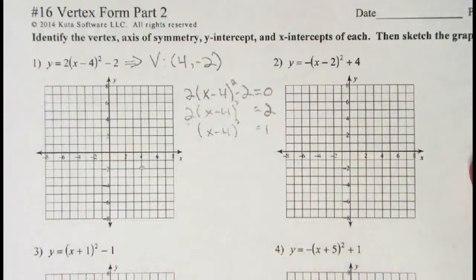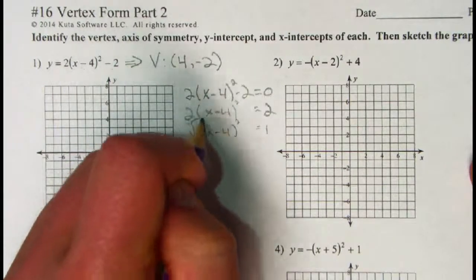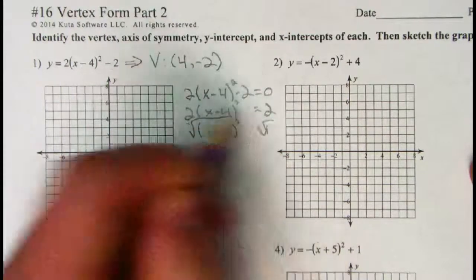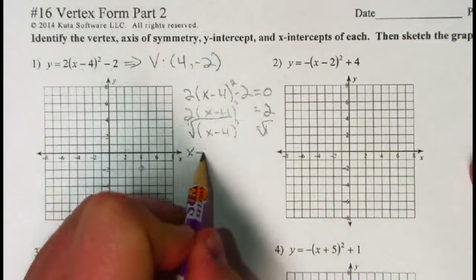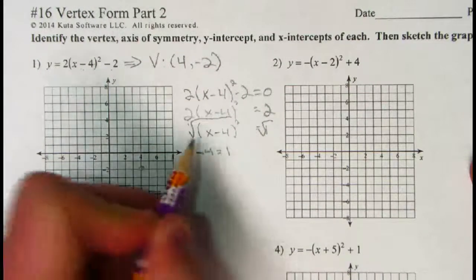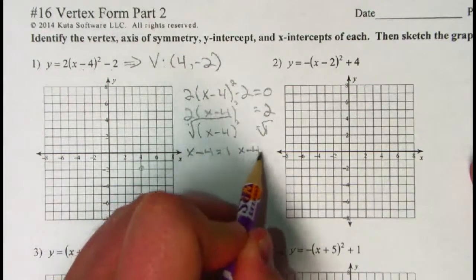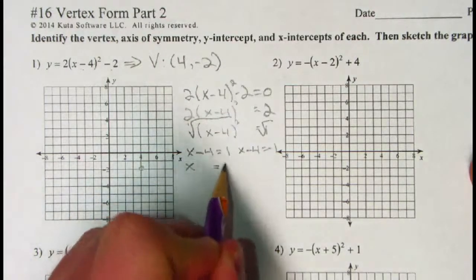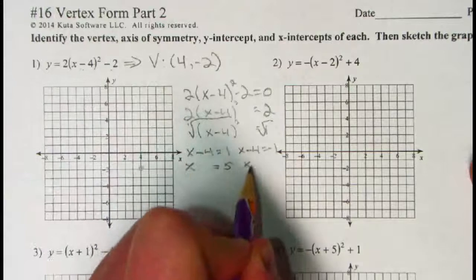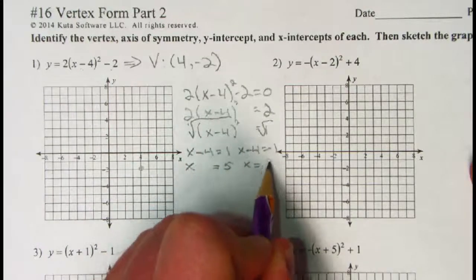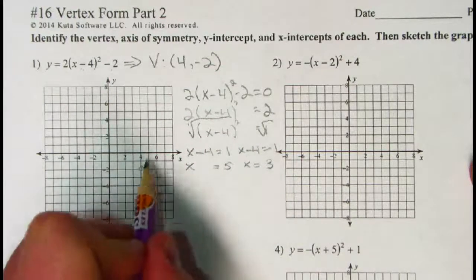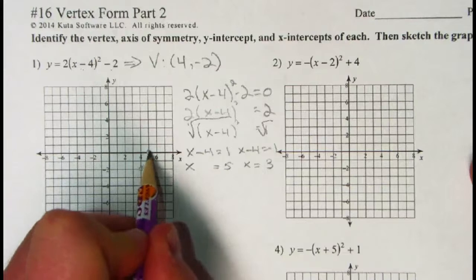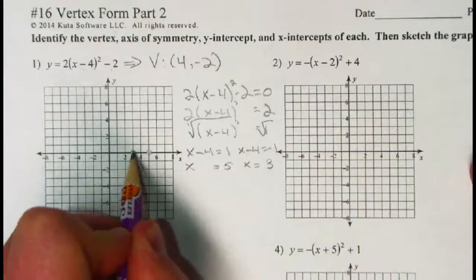And then we can take the square root of both sides and get x minus 4 equals 1, x minus 4 equals -1. And then when you solve that, 5 and 3, we'll get those x-intercepts of 5 and 3.